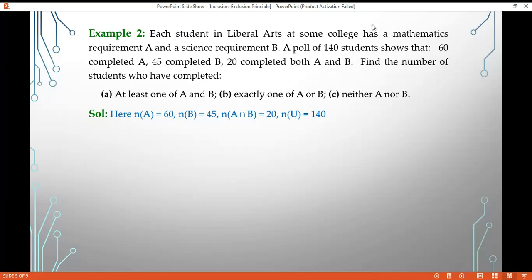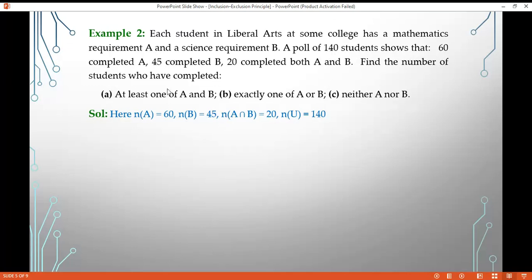And 140 students, what is 140 students? 140 students is the total students we have. So we can represent it as U, the universal set. So the number of the universal set is 140. It means we have a total of 140 students, right?